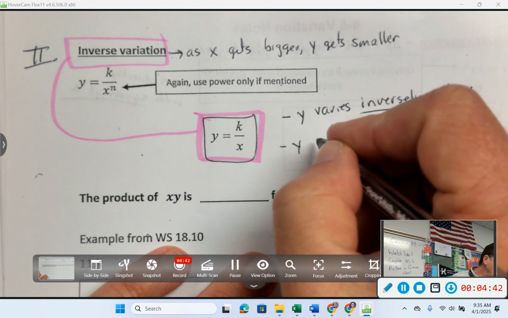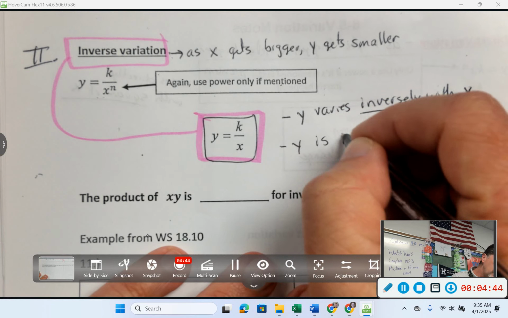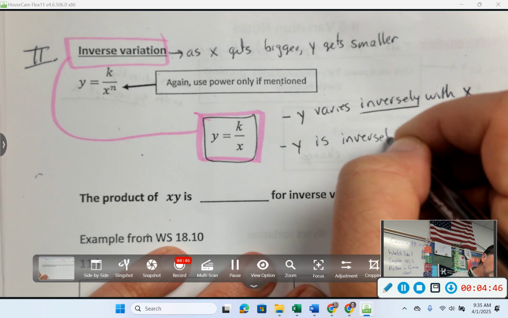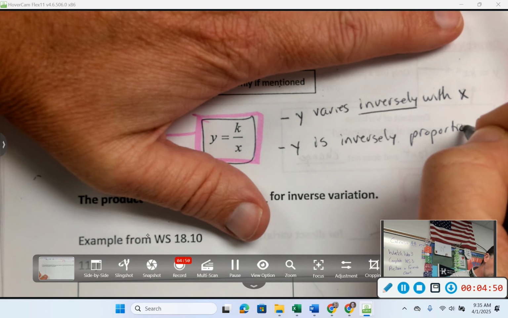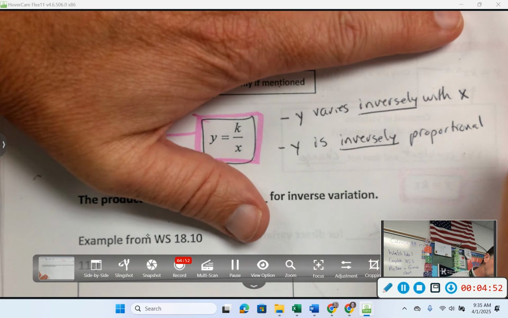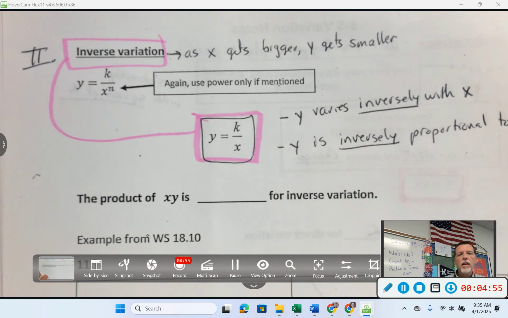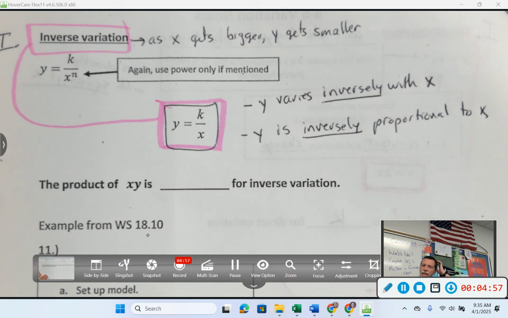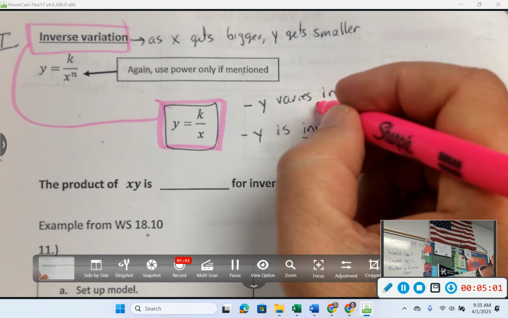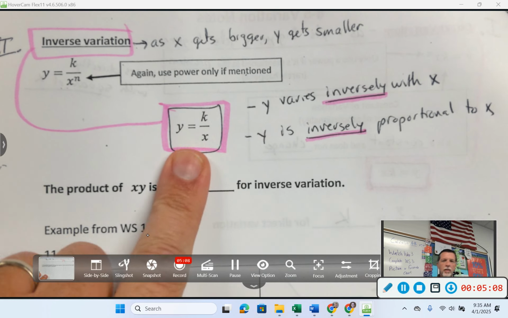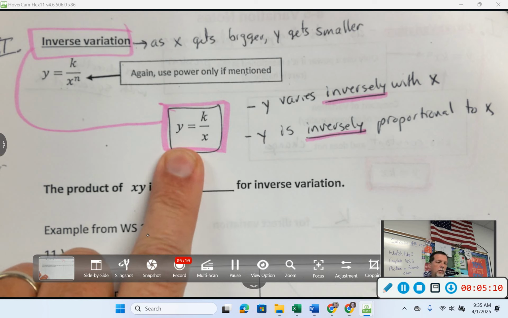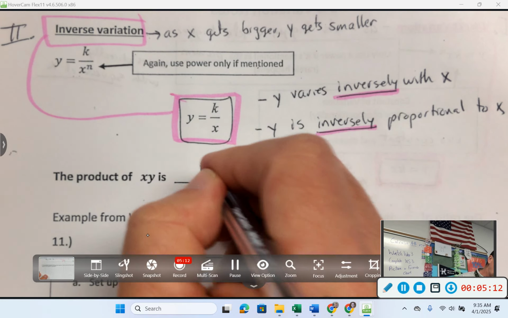They can phrase that a little differently and say y is inversely proportional to x. Those mean the same thing. The key word is obviously inversely. That's what triggers inverse variation. The product xy, well, if you multiply by x, xy is k.